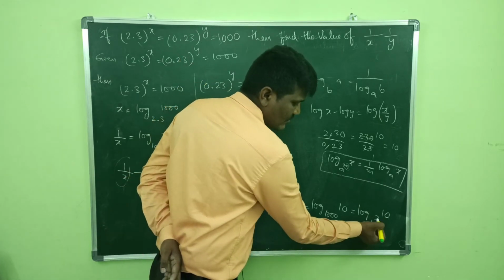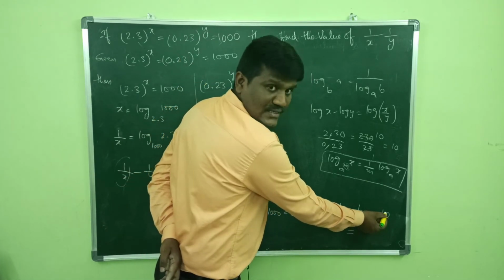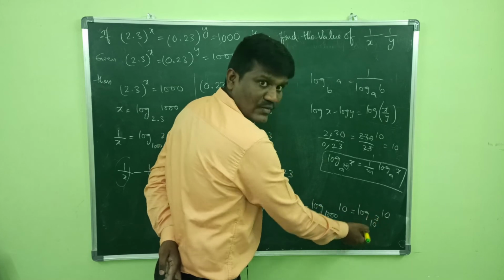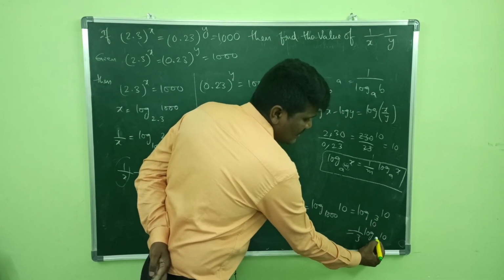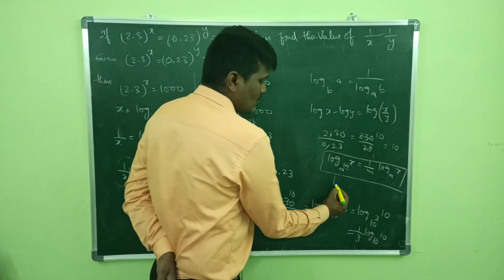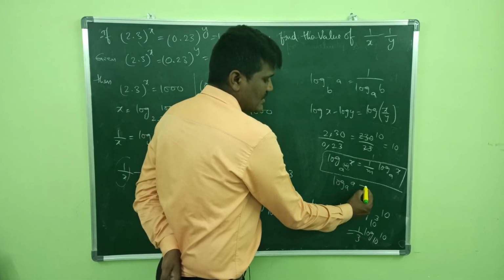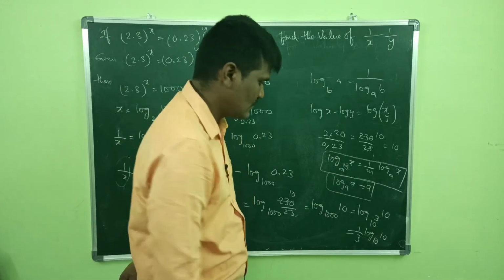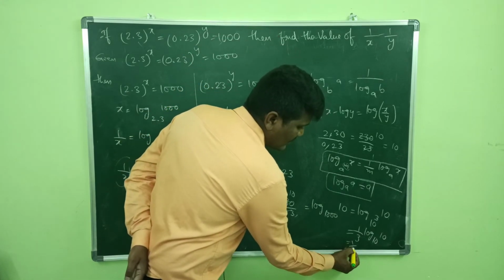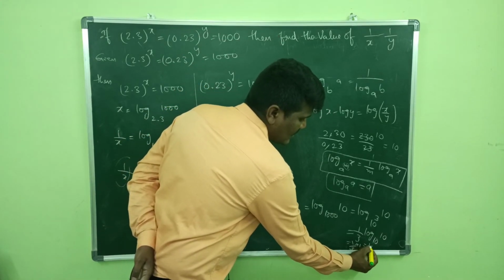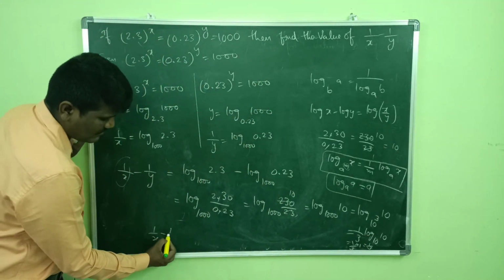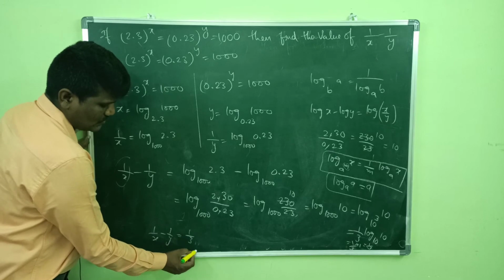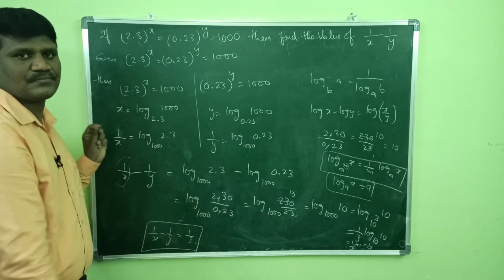Here also the bases are equal and the values are equal, so the power will come like this: 1 by 3 log 10 to the base 10. And log a to the base a is equal to 1, so 3 into 1 is 1 by 3. So finally, what I can write? 1 by x minus 1 by y is equal to 1 by 3.